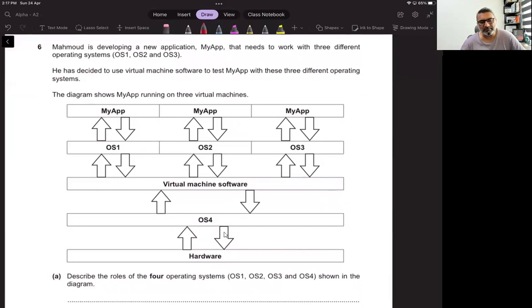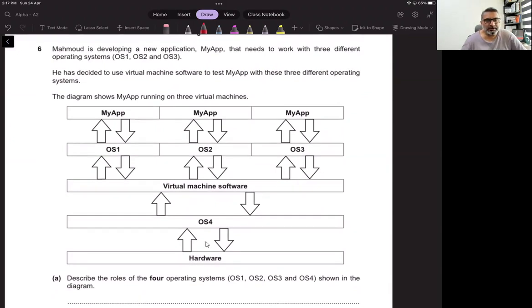So there will be a lot of pressure over this processor. So as far as the speed and the efficiency are concerned, that cannot be checked with the virtual machine. But yes, whether the application would work or not can be checked. Okay, so compatibility can be checked. Efficiency cannot be. So the diagram shows My App running on 3 different virtual machines.